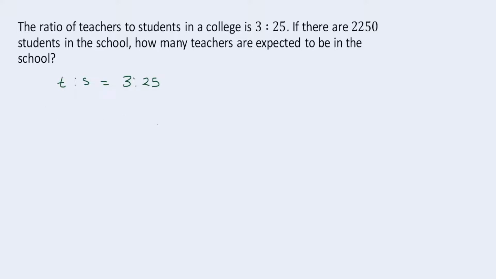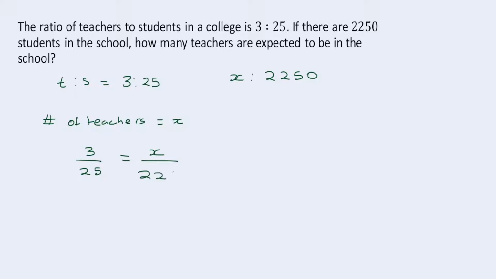So number of teachers in this school, let's call that x. So we have x to the ratio of 2,250. So now we're going to have our equation 3 over 25 is equal to x over 2,250.